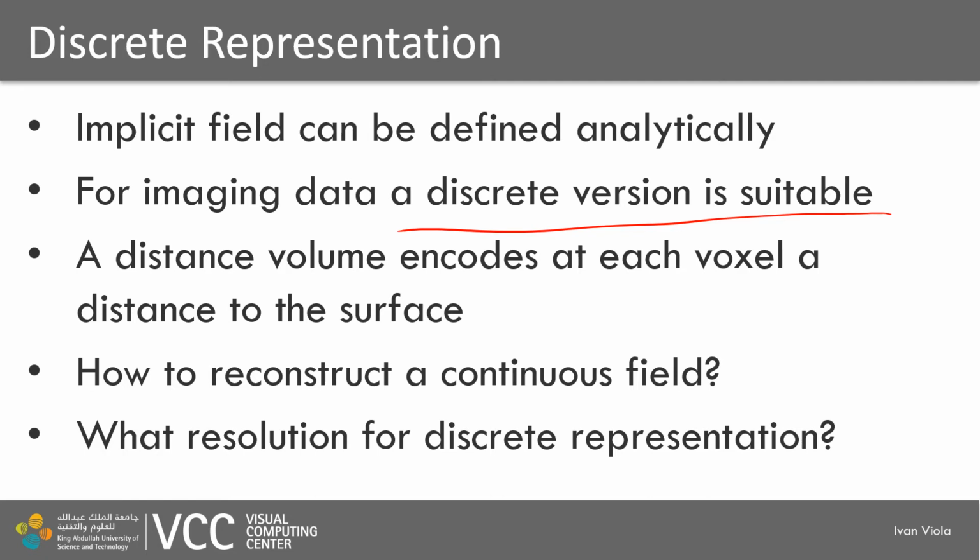So finally, we can always convert an analytically defined representation into a discrete representation as well, because if we have a combination of analytical and discrete representations, the simplest would be to create a discrete representation and represent the implicit objects in the form of a distance field discretely defined on voxels.